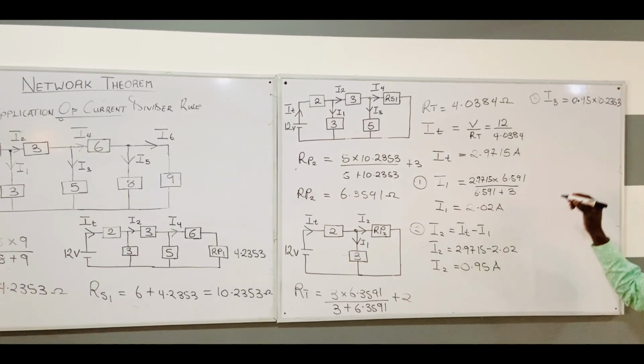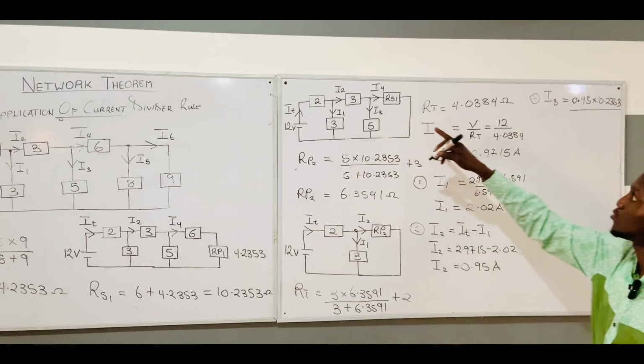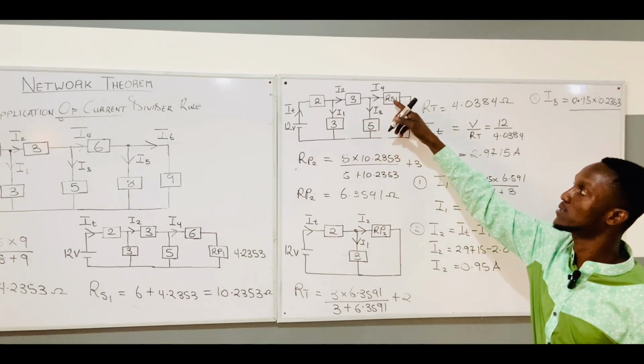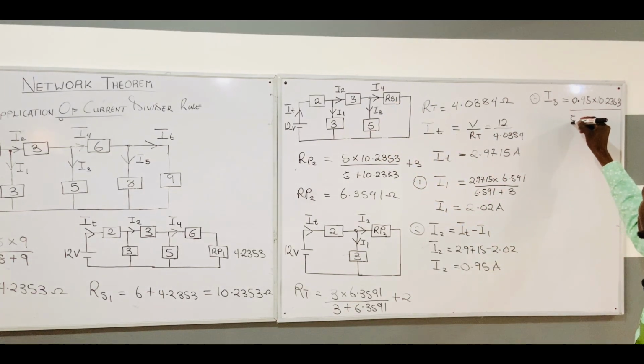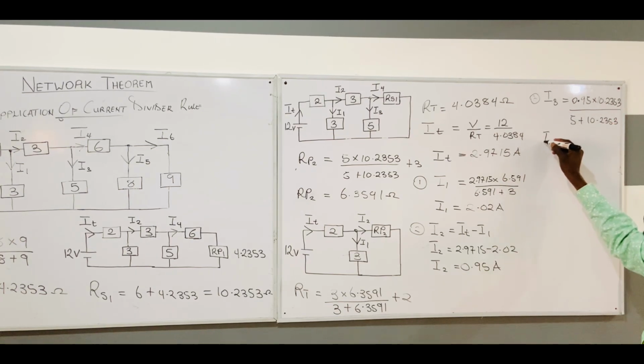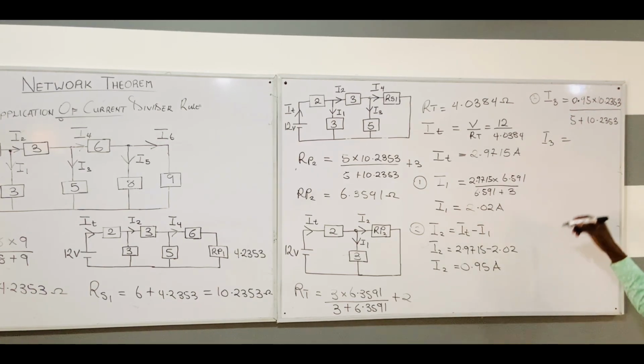So now you divide this result by the two resistors, 5 plus RS1, so we have 5 plus the same 10.2353. Now when you punch everything on the calculator, you get I3 equal to 0.64 amps. I hope you got the concept.